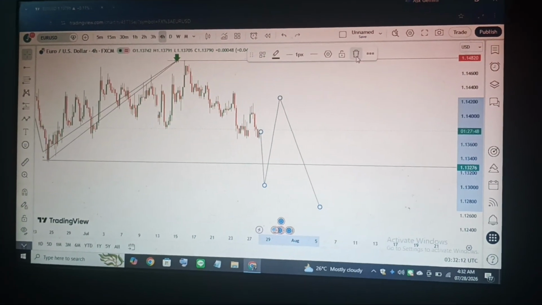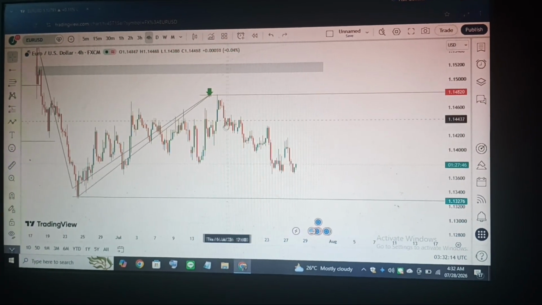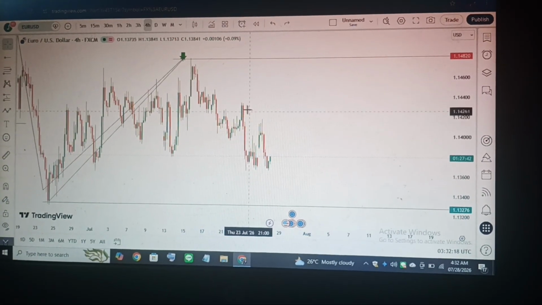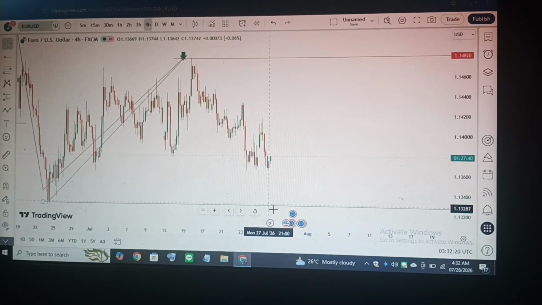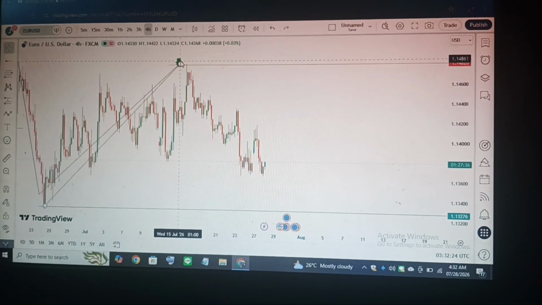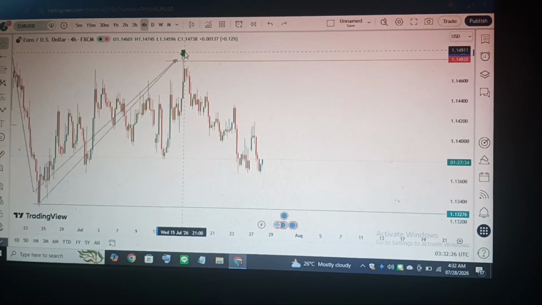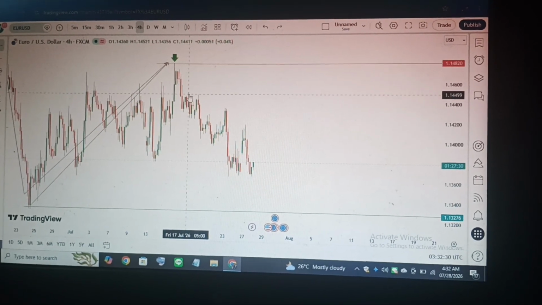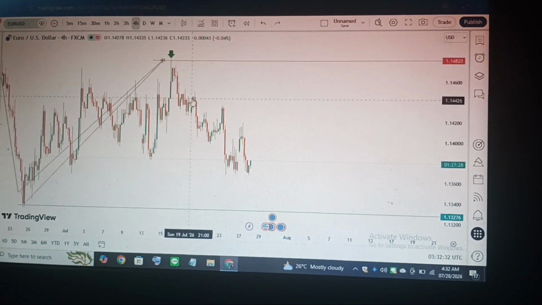So what we are going to do here, since we are on the 4 hour time frame, is still look for an opportunity to take a continuation trade to the downside. Since this was a swing high, the swing high we expected to take, we already had a drop to the downside.